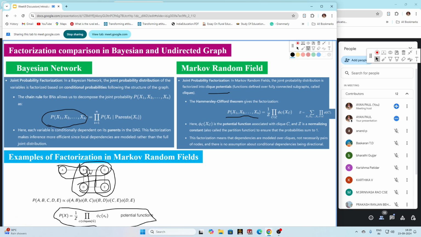If it is a Bayesian network, how will we write our probability? First, it will not be cyclic, and we will write our probability with respect to its parents.